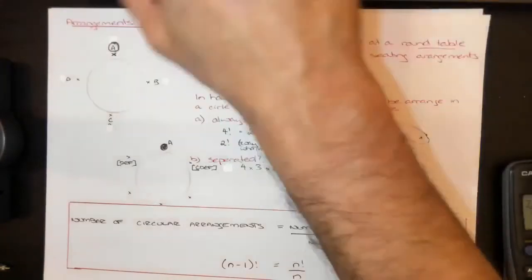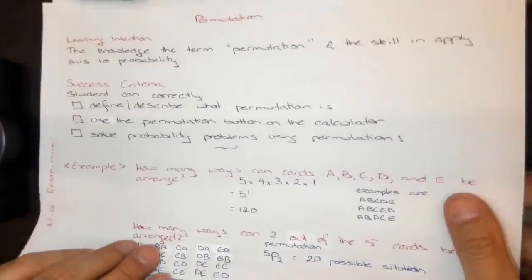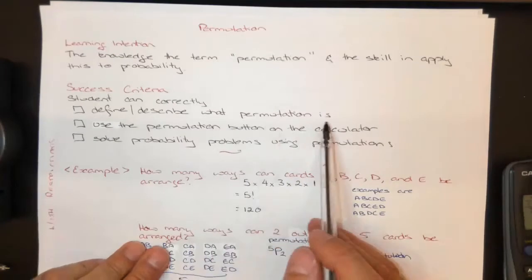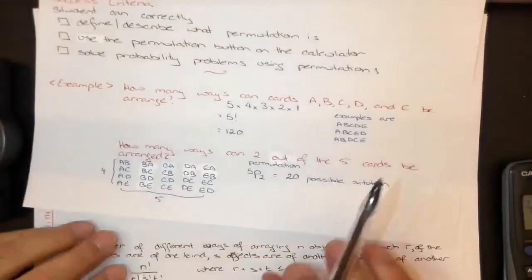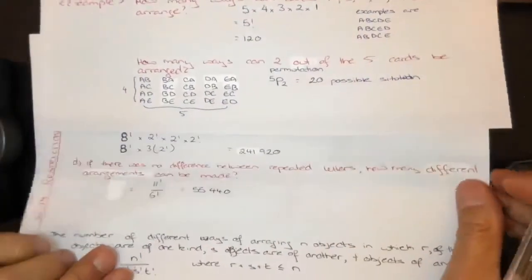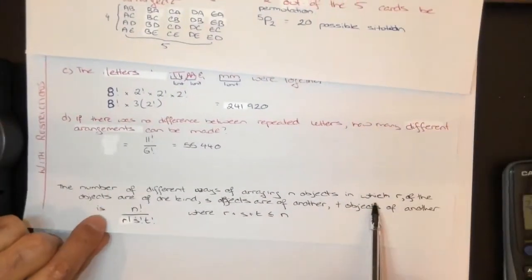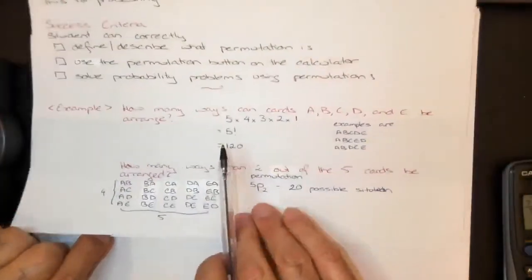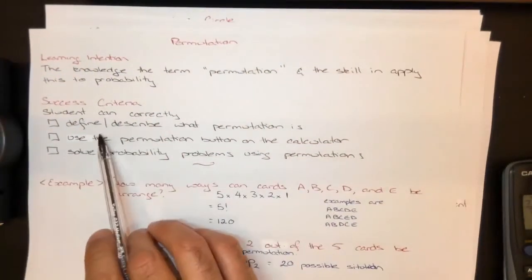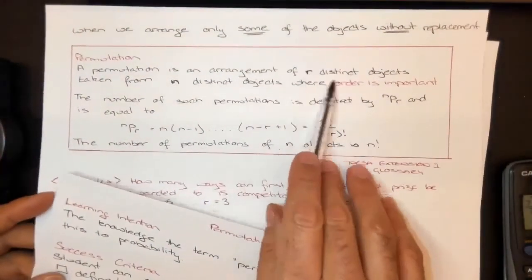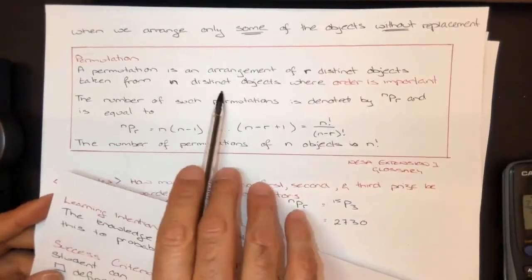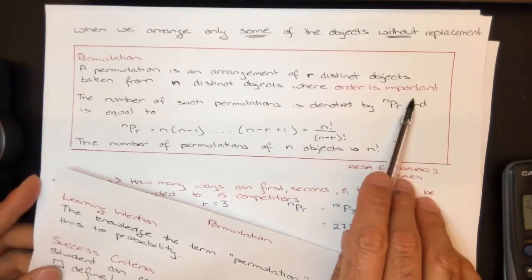So, to conclude, a permutation is an arrangement of r distinct objects taken from n distinct objects where order is important.